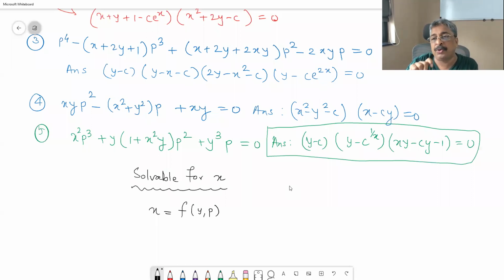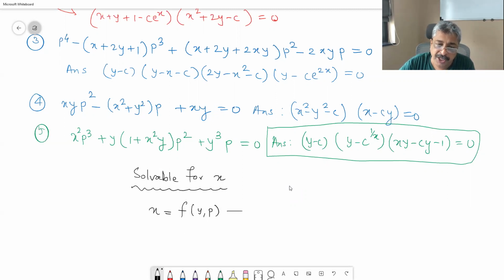So you should be able to explicitly say that x is equal to something, and in the RHS you don't have x. If given differential equation can be represented like this, x is equal to some function of y and p, then the approach is going to be as follows.